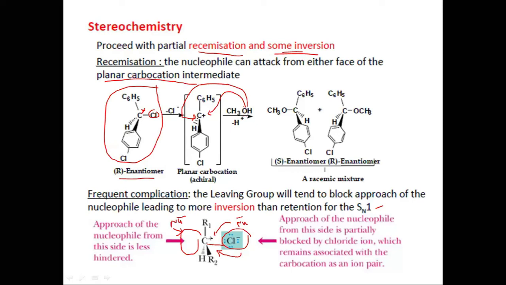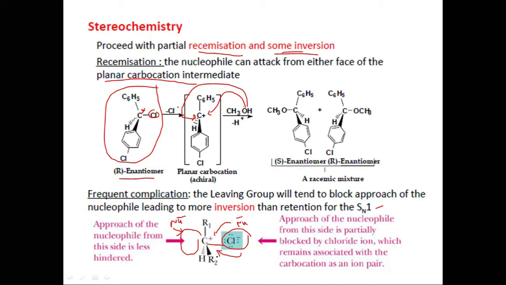An intimate ion pair is nothing but the carbocation and the Cl minus. The bond between these two is dissociated, but they still interact as neighboring groups. It is not completely a free carbocation or Cl minus state. In such cases, the incoming nucleophile cannot approach the formed carbocation from the same side the leaving group leaves. The nucleophile prefers to attack from the backside because there is no hindrance.